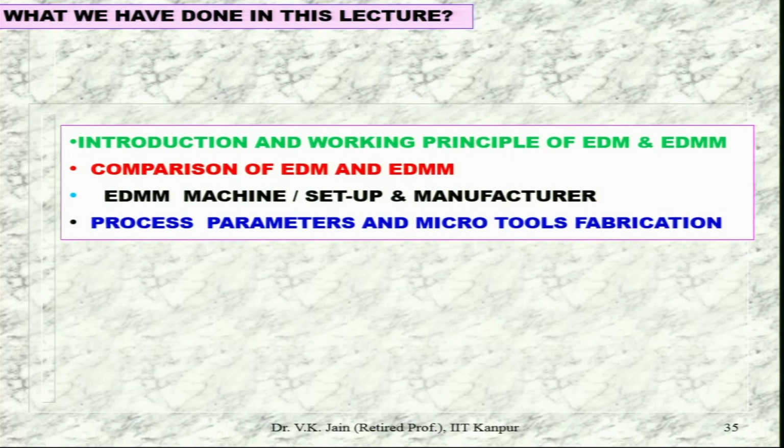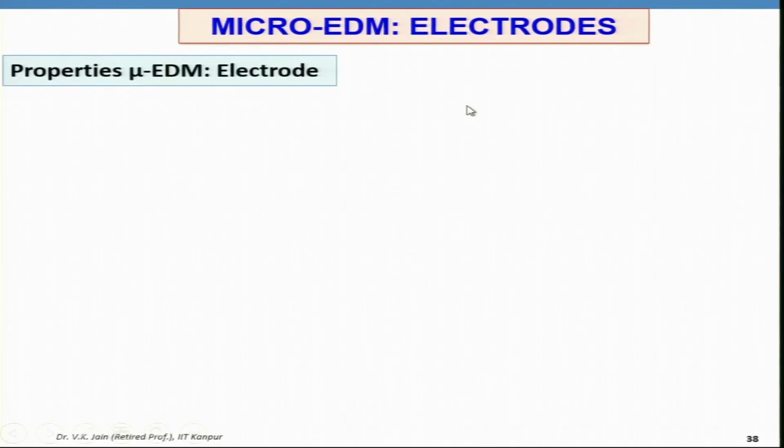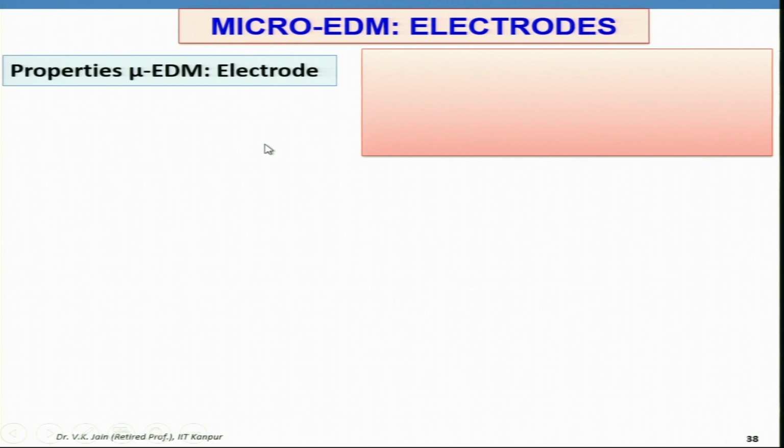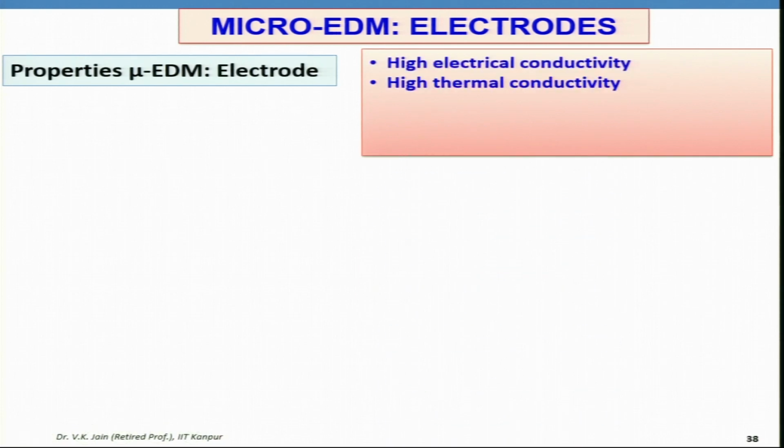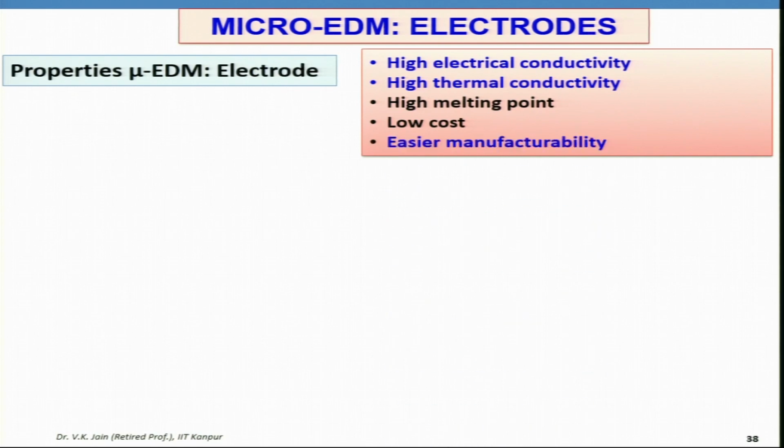What we have done in this lecture so far: micro EDM electrodes, and properties of micro EDM electrodes: high electrical conductivity, high thermal conductivity, high melting point, low cost and easier manufacturability.